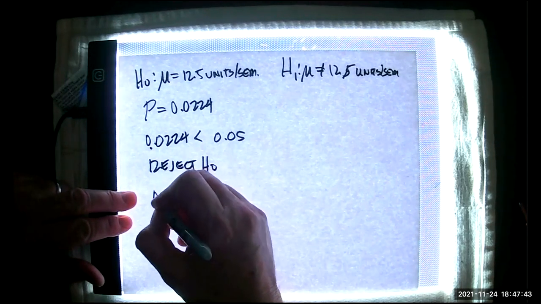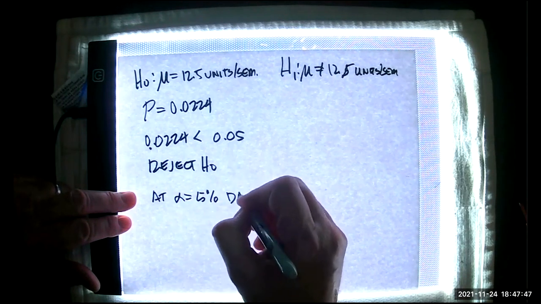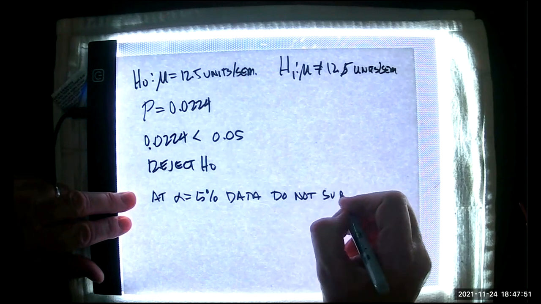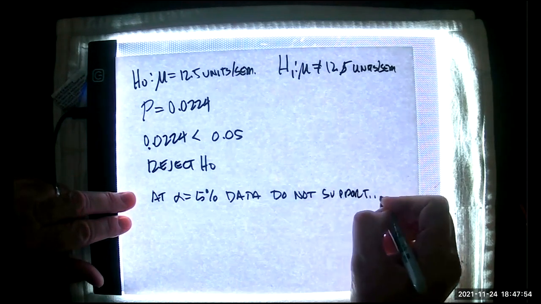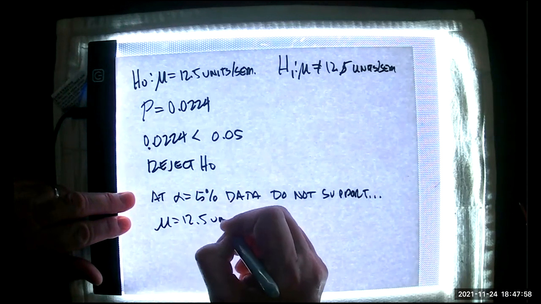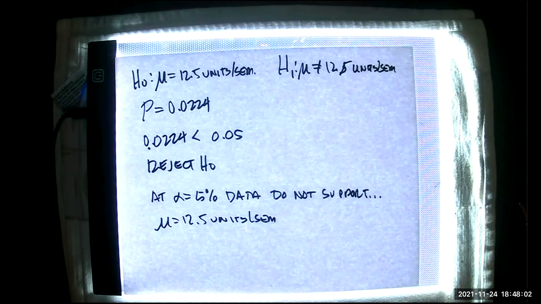So at alpha equals 5%, data do not support mu equal to 12.5 units per semester. So there we go. The 5 steps, the p-value approach.